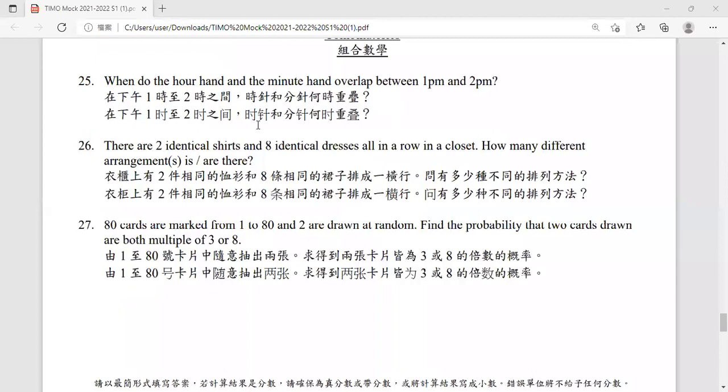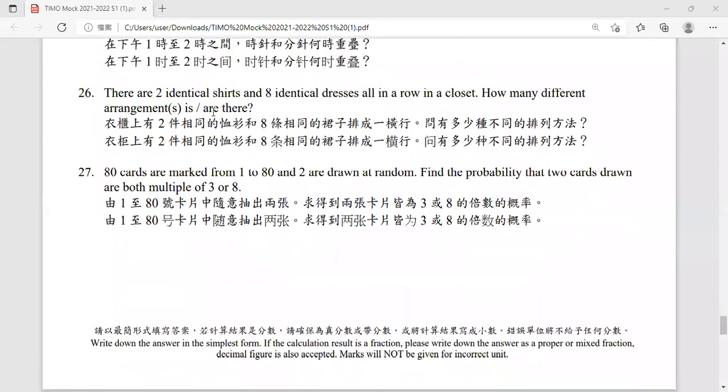Now you have 2 identical shirts and 8 identical dresses in the closet. How many different arrangements are there? Actually, it's very simple. It's just putting 2 identical things into 10 drawers. So the answer is 10C2, which is 45. If you don't know what C is, it's just 10 times 9 divided by 2 times 1, because there are 2 ways to put the 2 identical shirts.